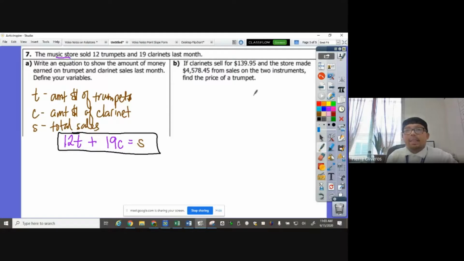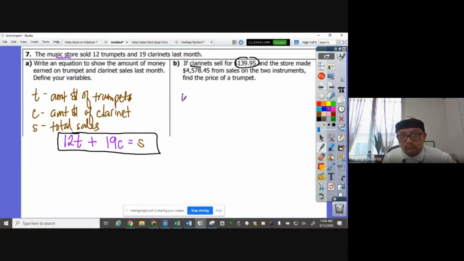If a clarinet sells for $139.95, and the store made $4,578.45 from sales of the two instruments, find the price of a trumpet.